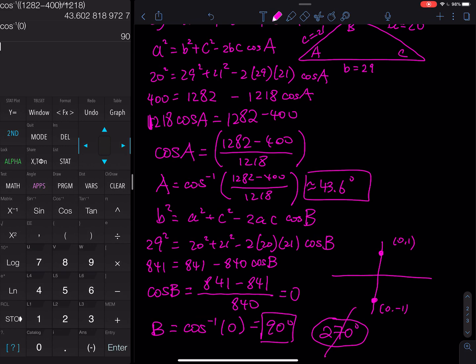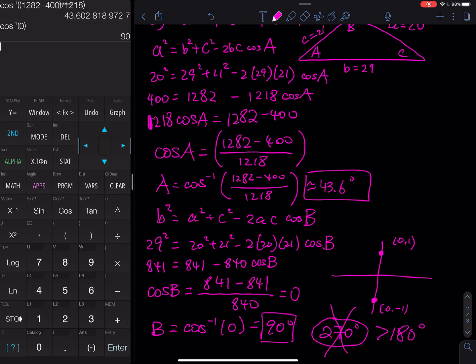This is impossible, because if one of the angles is 270, that is already greater than 180, right? The sum of three angles is equal to 180. If you have one angle that is already greater than 180, then this is not a triangle anymore. So the 270 is not going to fit into this problem.